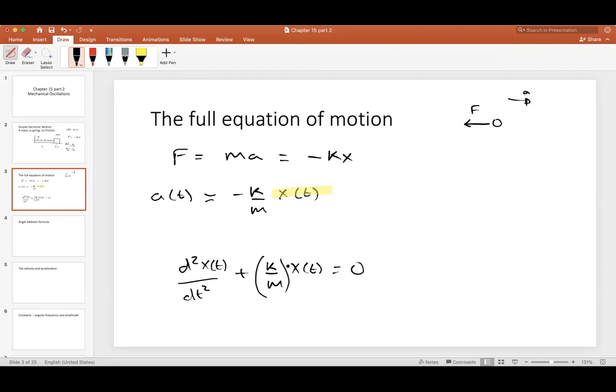In differential equations, this is known as a homogeneous equation because this side is 0. The non-homogeneous equation has some constant over here. Basically, in the theory of differential equations, you assume it equals 0 at first, find the solution to the homogeneous equation, then you can find the particular solution to the non-homogeneous side, where the constant equals something, and you have your solution.